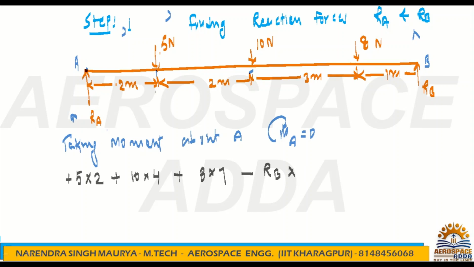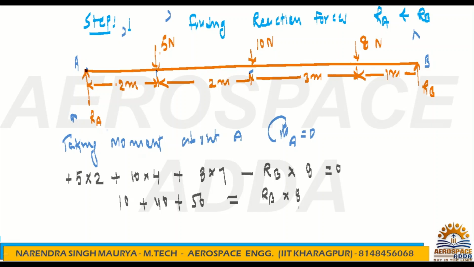RB into the distance of RB from point A: 2 plus 2 is 4, 4 plus 3 is 7, 7 plus 1 is 8, and equal to 0.